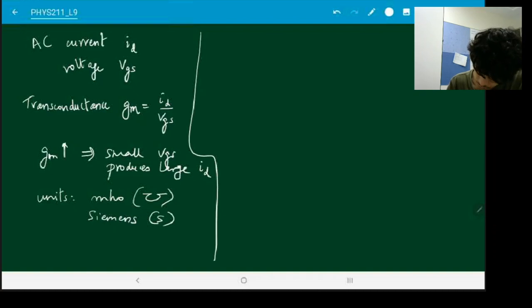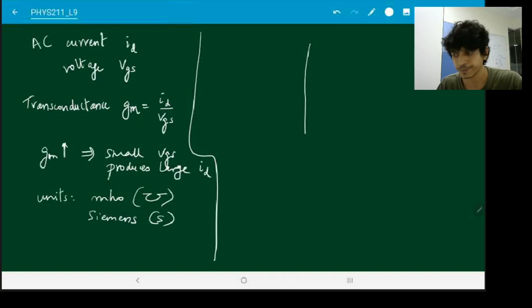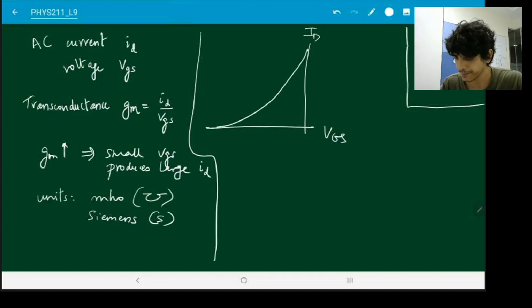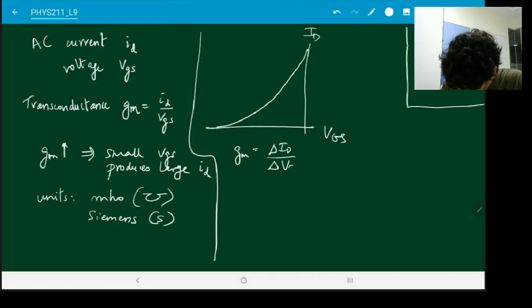Now, if I draw the transconductance curve again, which I had drawn the last time, so these are the DC quantities. These are AC quantities. So you can think of gm as being delta ID over delta VGS, because any kind of AC signal that you have is going to be like a variation over the DC one.